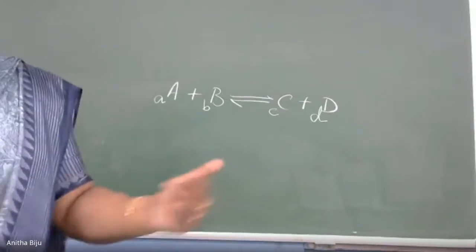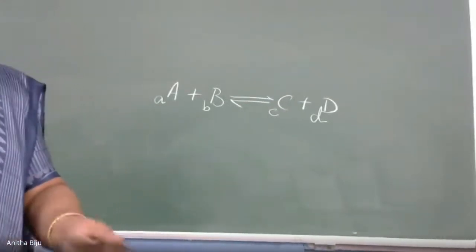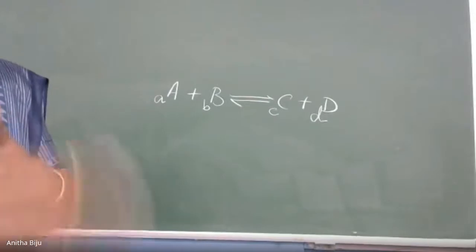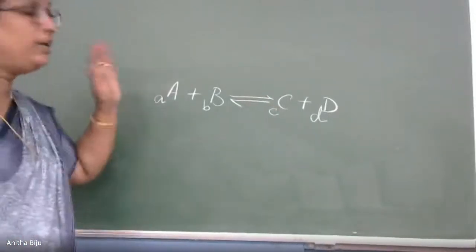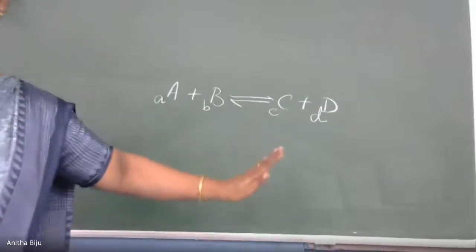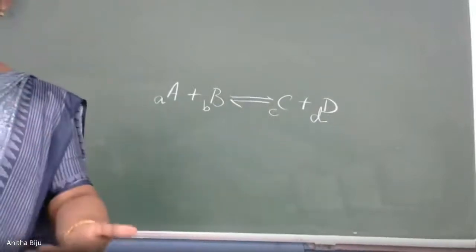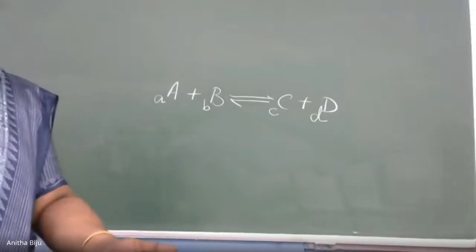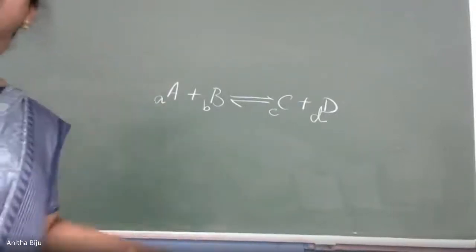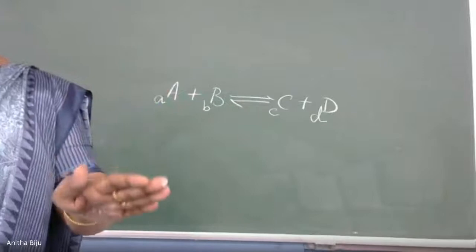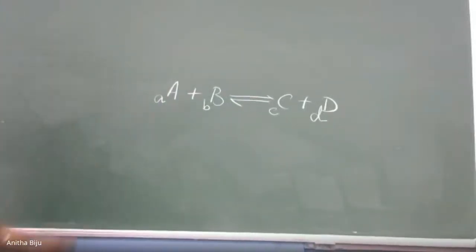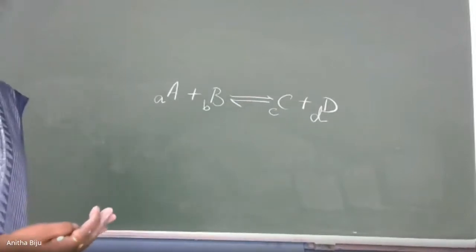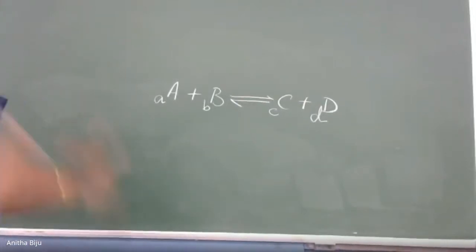When we focus on instantaneous rate, let us see how we can express the rate of a chemical reaction. In this case, there are two reactants and two products, so we can express the rate in terms of both reactants and both products. First, I will show you how to express the rate in terms of reactants.